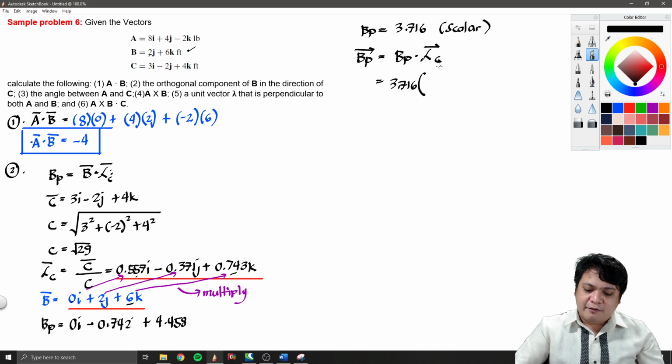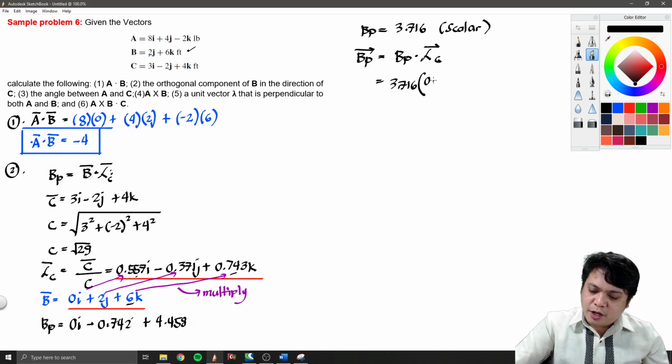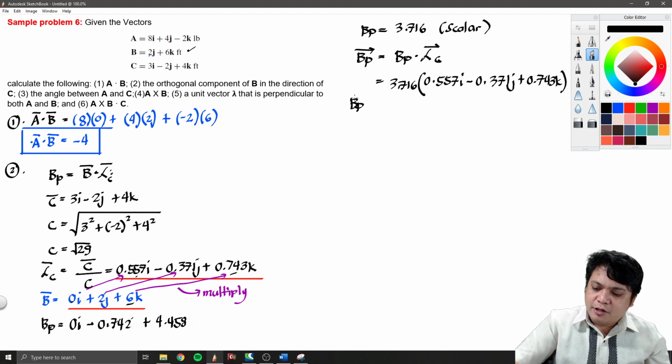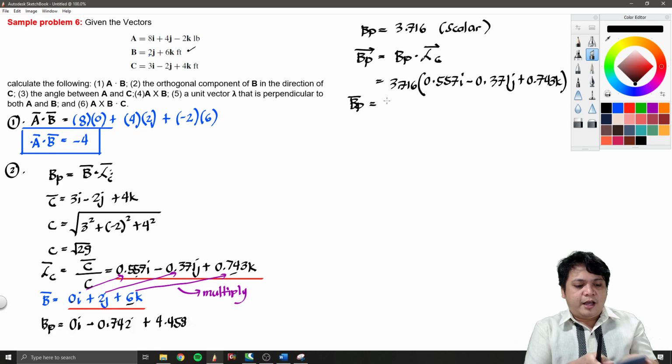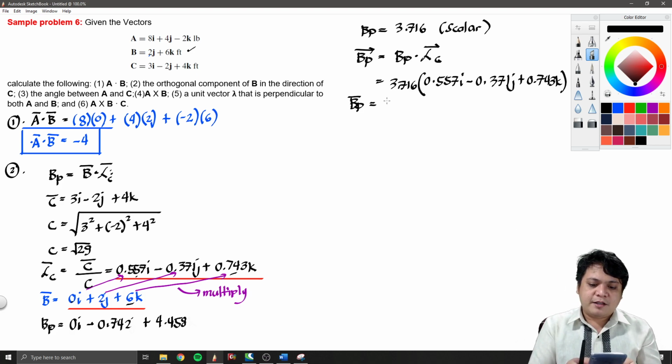Imo-multiply ko siya kay vector na 0.557i minus 0.371 of j plus 0.743 of k.